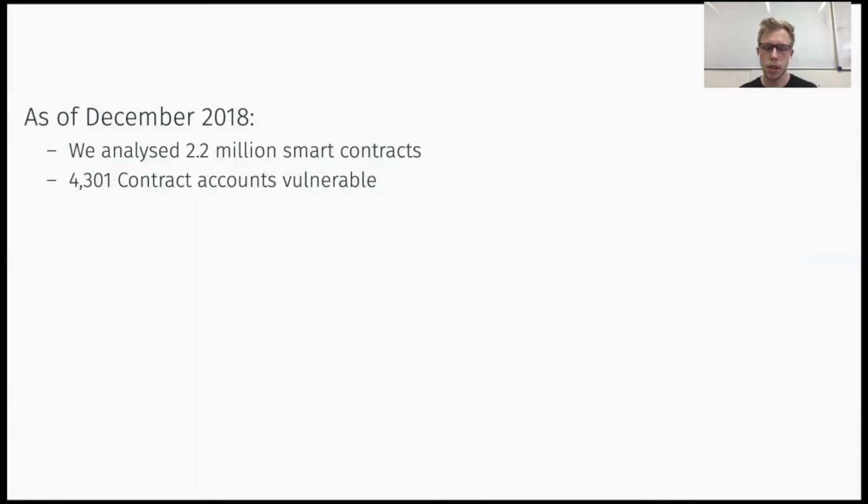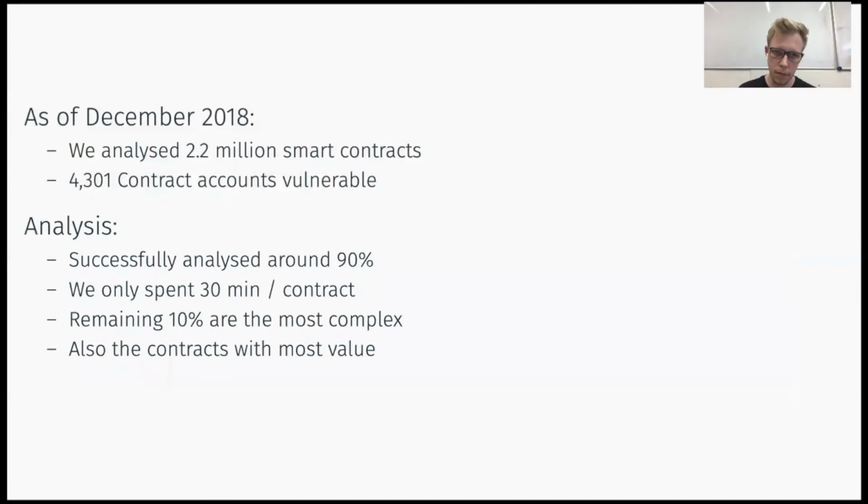And then to demonstrate that our tool also works at scale, we did a scan of the entire blockchain. As of December 2018, we analyzed over 2 million contracts and found 4,300 to be vulnerable, which was more than all previous work. During this analysis, we analyzed around 90% of our contracts successfully, but we only spent 30 minutes per contract, right?